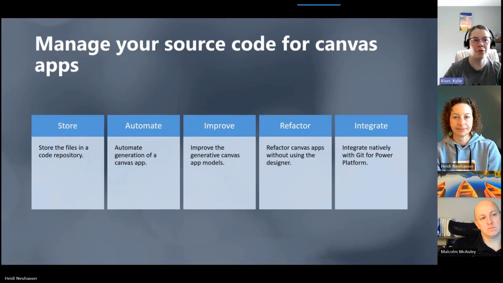There are a few capabilities that it lists off in here, which is storing your files in the code repository, automate the generation of a Canvas app, improving the generative Canvas app modules, refactoring Canvas apps without using the designer, and integrate natively with Git for Power Platform.